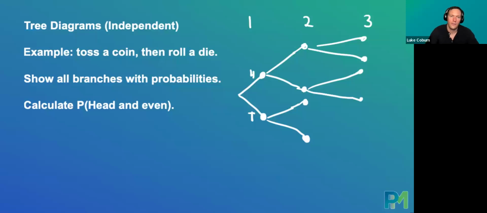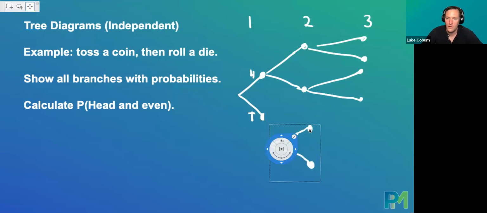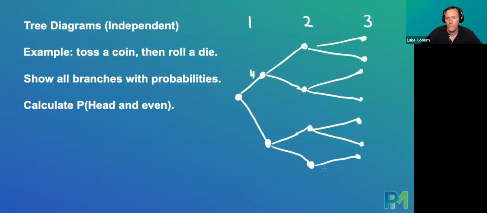Never make these diagrams big enough. Then heads or tails, or heads or tails. So always the upper branch is going to be heads, and always the lower branch is going to be tails. So let me just label all of those.